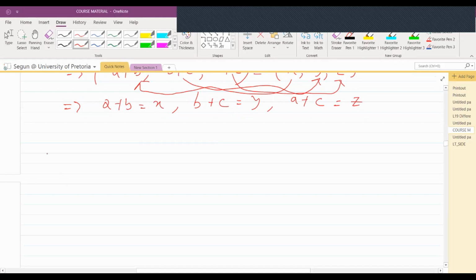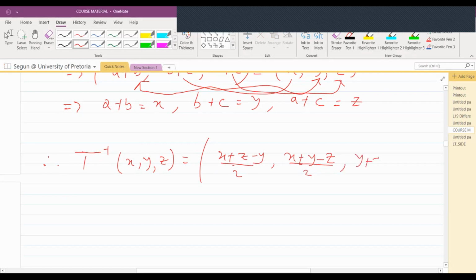I will give us the final answer: T inverse of (X, Y, Z) is the same thing as ((X plus Z minus Y) over 2, (X plus Y minus Z) over 2, (Y plus Z minus X) over 2), for any (X, Y, Z) that belongs to R3.